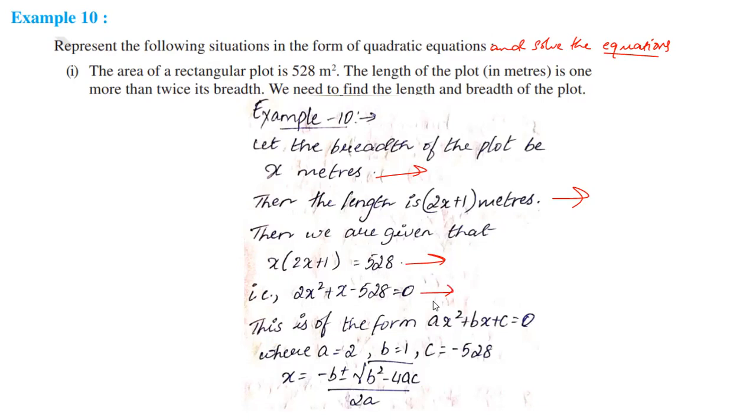So you have got the quadratic equation in the form ax square plus bx plus c equals 0. Write the values for a, b, and c. Read the question carefully. Find the length and breadth of the plot, but they have not mentioned which method you have to use.